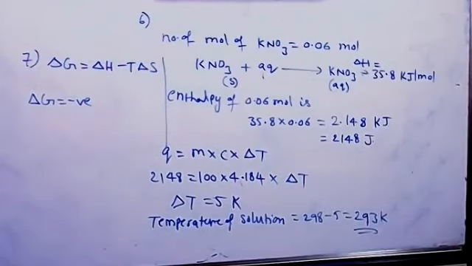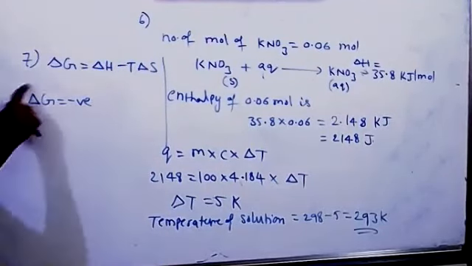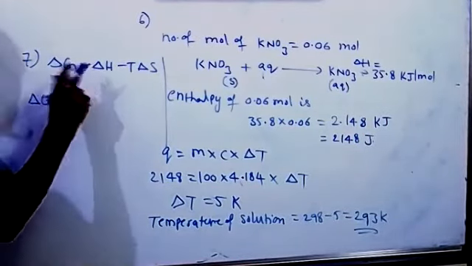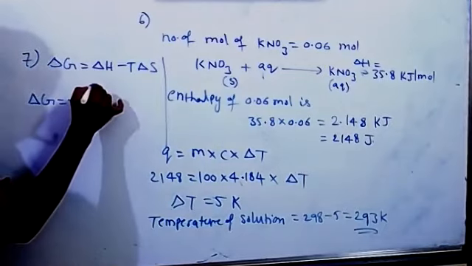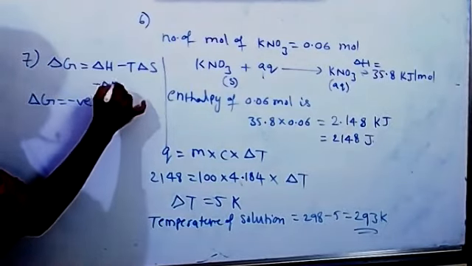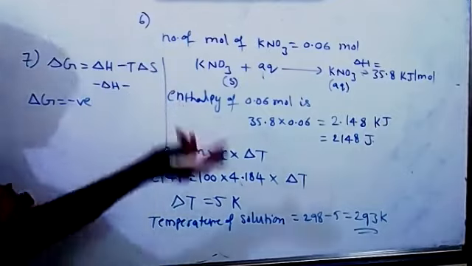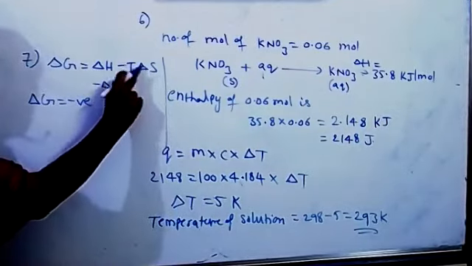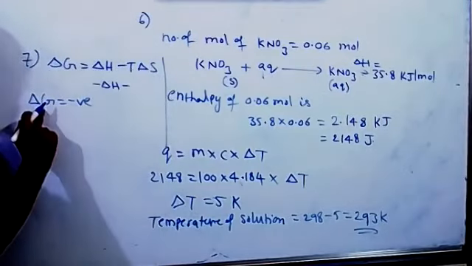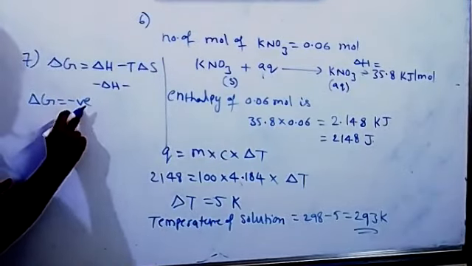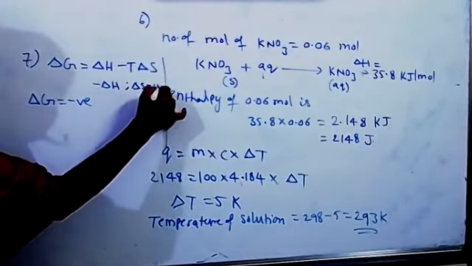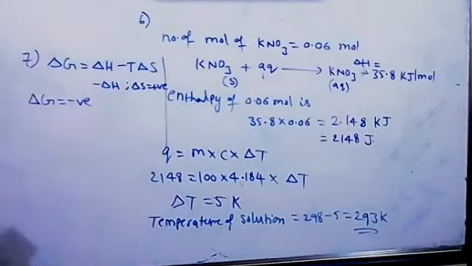So under which conditions does delta G become a negative value? Delta H must be negative, meaning the process should be exothermic. And if delta S is positive, minus into plus is minus only, so the overall value becomes negative. So delta S should be positive. These two conditions support any temperature.